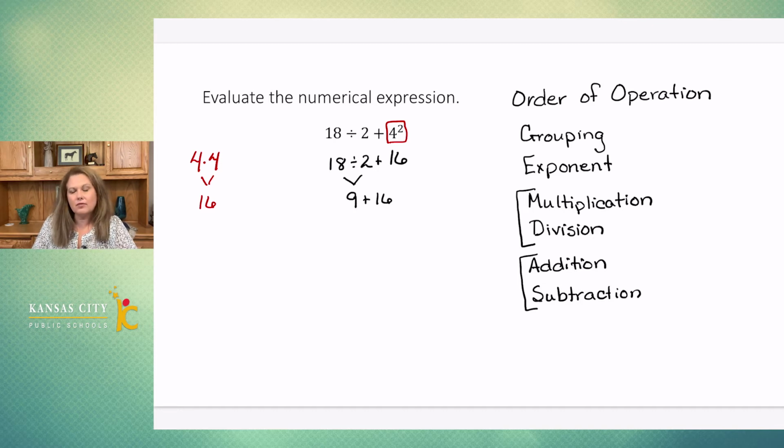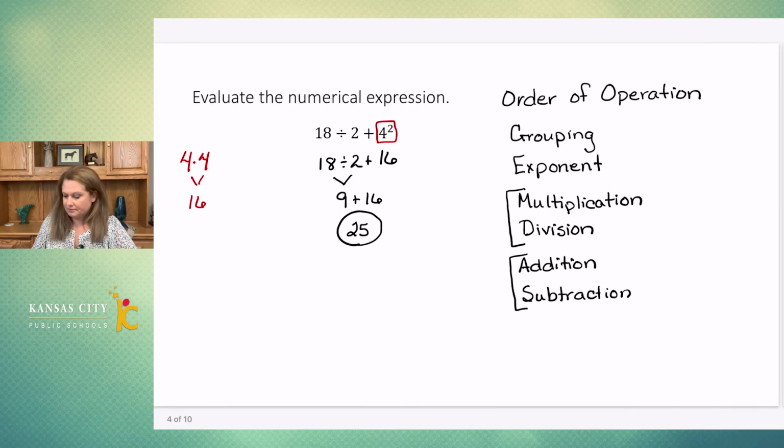That's the last part of order of operations. So 9 plus 16 is 25. 25 is your answer. Please make sure that when you're showing your work, you circle your answer so your answer kind of stands out and becomes obvious to whomever is looking at it.